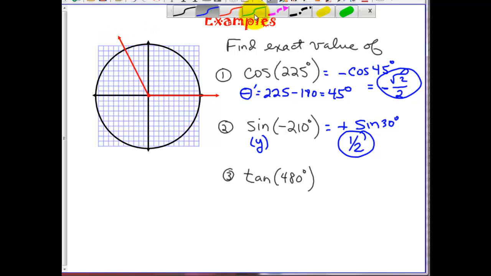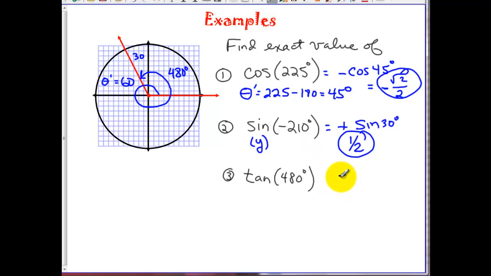So again, what we did was multiple rotations here, so 480 degrees. And when we were counting, remember this part here, we went 30 degrees beyond the y-axis. Now that's not our reference angle. Our reference angle is right here, which is going to be 60 degrees.